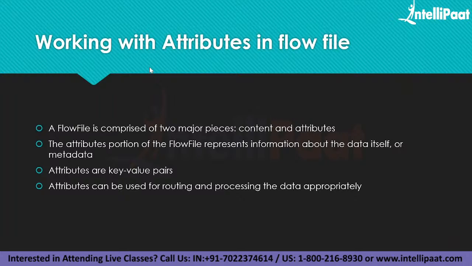And based on this file name, whether it's star.json or star.csv, I can do my routing logic. JSON files can be sent to some processing logic, and the CSV file can be sent to some other processing logic or some sort of destination, whatever it could be. What I mean is that the downstream data flow can be defined by using some sort of logic on the attributes. Is that clear? Pretty simple example.